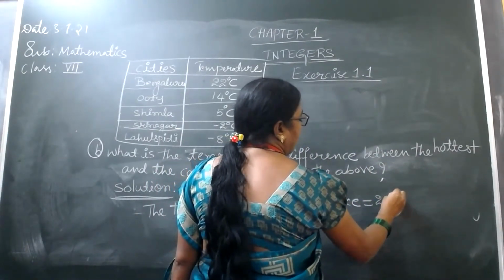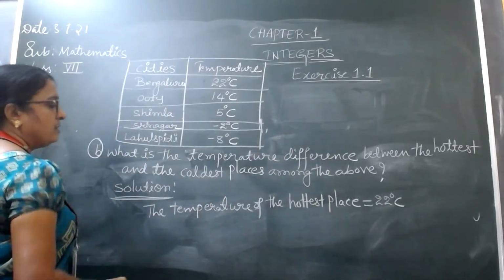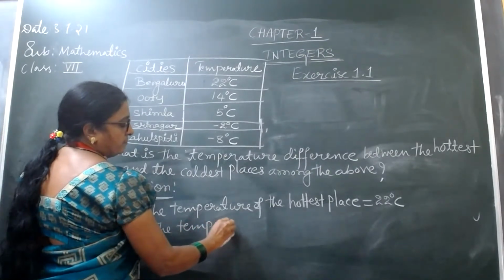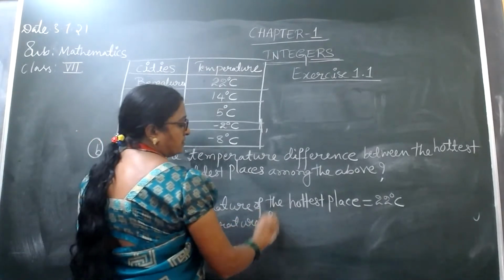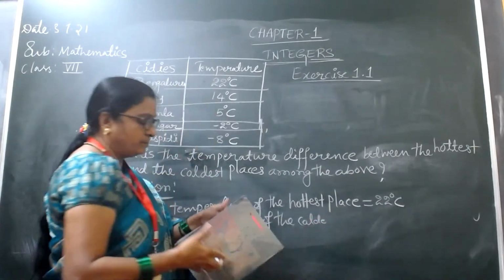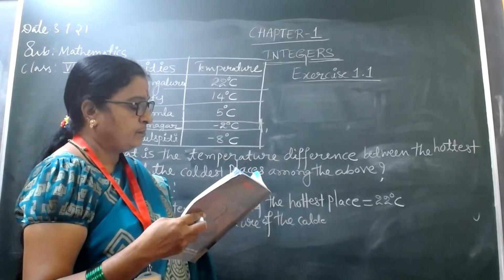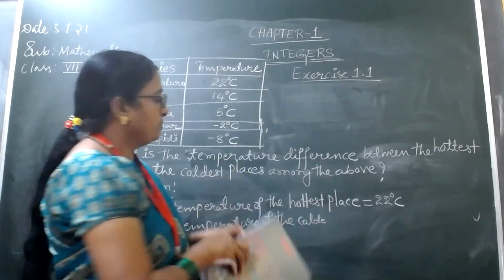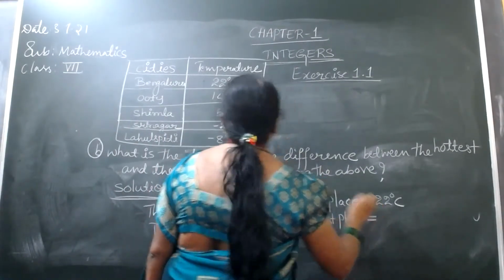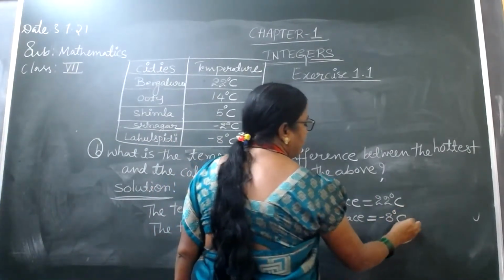The temperature of the coldest place. Which is the coldest place? Leh city, minus 8 degrees Celsius.